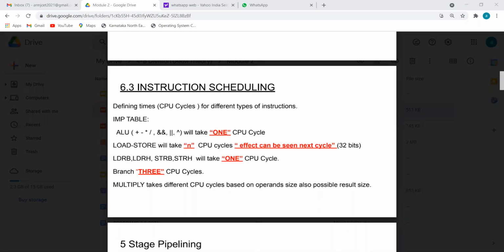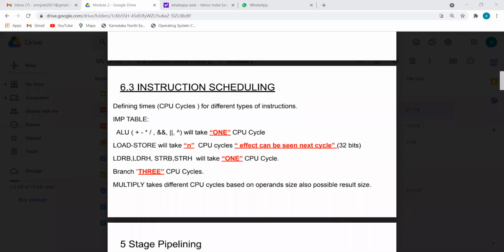Okay, next, multiply. Generally it belongs to arithmetic instructions, but it takes very different CPU cycles based upon operands. See here, whatever I type now, 1 star 2, a very simple multiplication, may take 1 CPU cycle. If you do F6 zeros 2 star 7 zeros 2, as I have shown in UMLAL, SMLAL, those instructions, it will take 2 CPU cycles because the operand size increased.